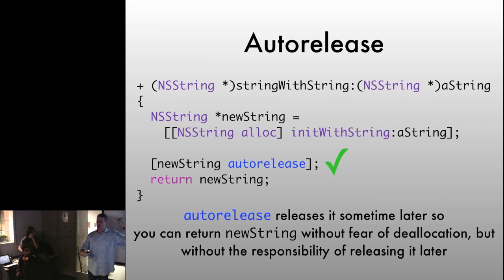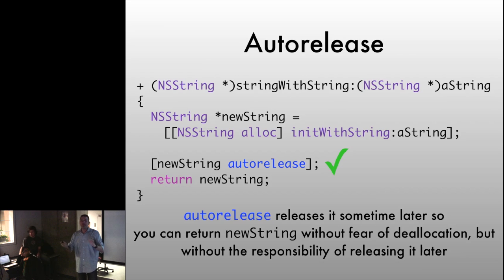Then the caller calls release. Always balance retain with release. And it will be released sometime later. You're giving up responsibility here at this point. When you call autorelease, you're saying, I know this will be released later. If my caller needs it, they'll call retain on it and then release it later. But I'm no longer responsible for it.